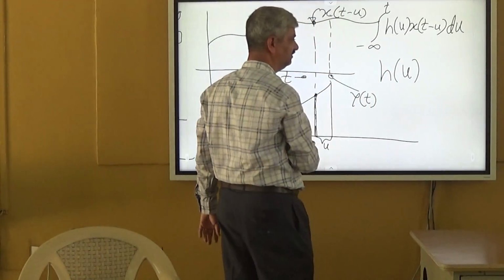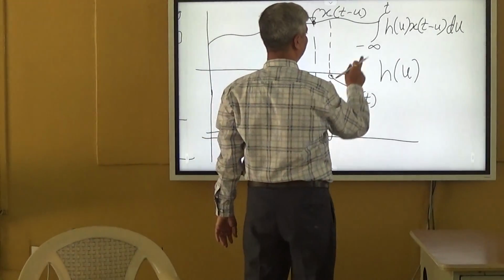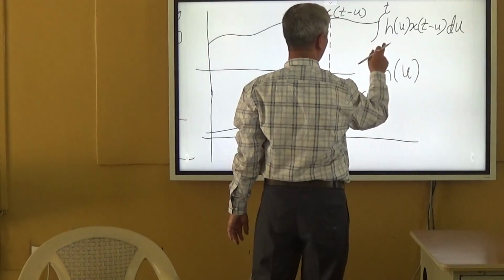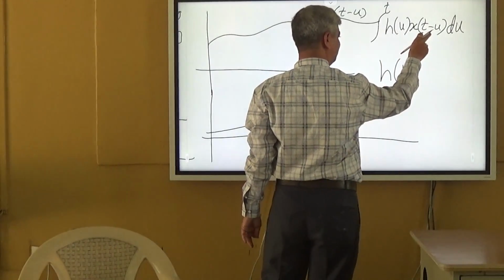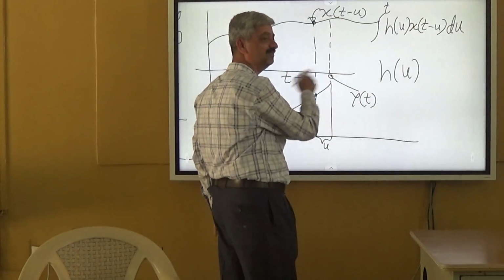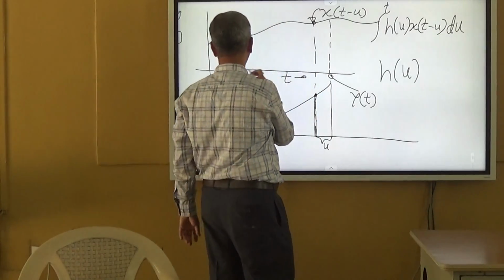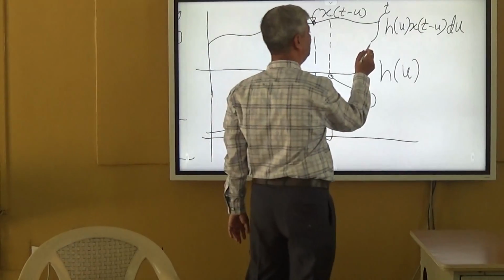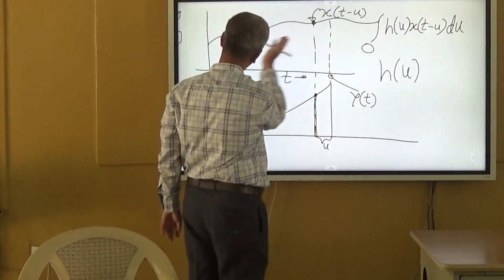Minus infinity? No, u minus infinity not there. What is u? U is how much away you are from this. So this is u0, u is increasing, and u is becoming t here. So ideally what should happen? 0 to t, you should go back.